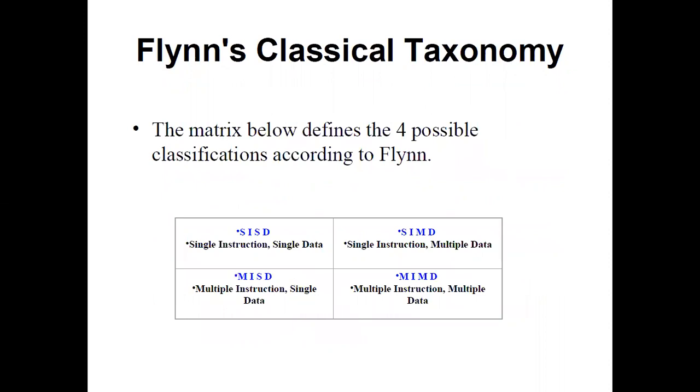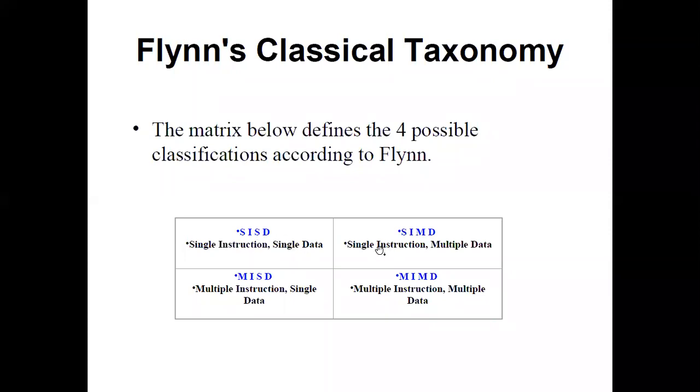So look at this particular matrix. It defines the four classifications according to Flynn. These are really easy. If you just read it, you will get it. First one is SISD, that is single instruction, single data. We just said that Flynn has given us two dimensions, one is instruction and the second one is data.